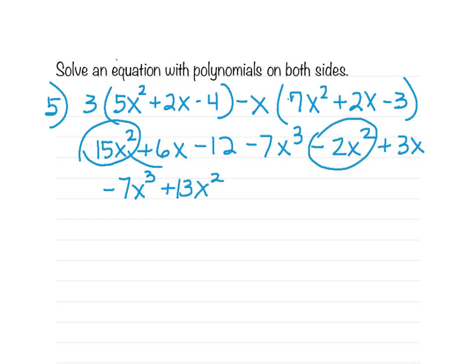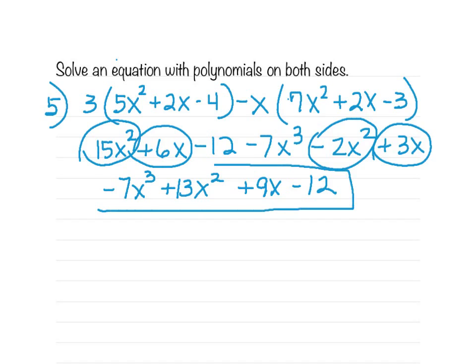Then we'll combine positive 6x and positive 3x, and we'll bring down positive 9x, and we'll bring down our constant of negative 12. So the answer is negative 7x cubed plus 13x squared plus 9x minus 12.